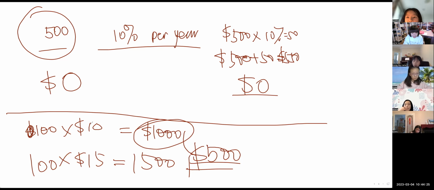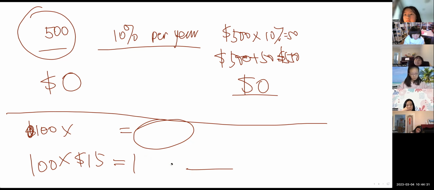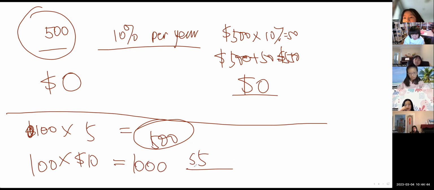So let me make a better example. Xinxin has $500.